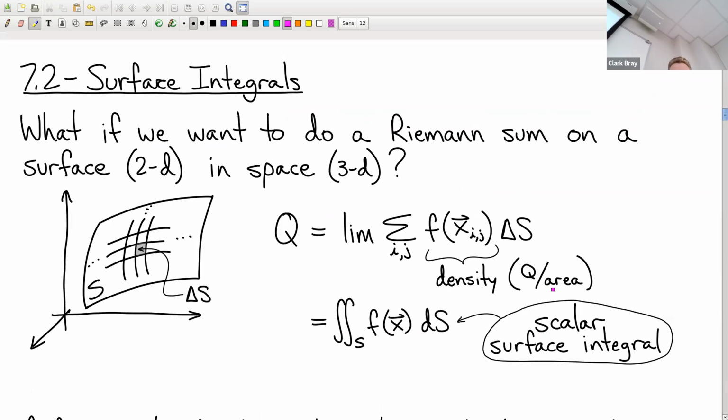We're going to generalize this idea. We just got through talking about surface area. Now we're going to talk about a surface integral. This is sort of an extension of an idea that we've done a bunch of different times. It's chop it up, add it up. We've done chop it up, add it up on intervals, in single variable calculus.